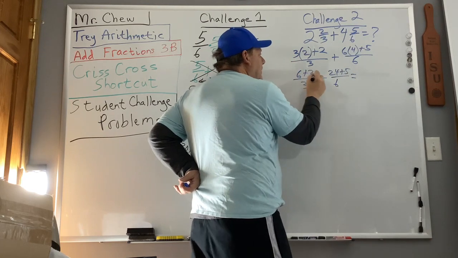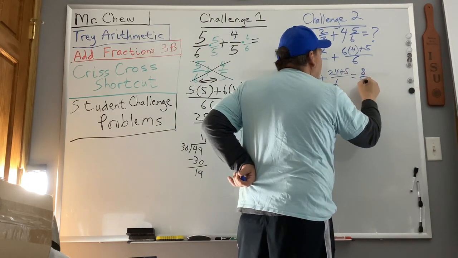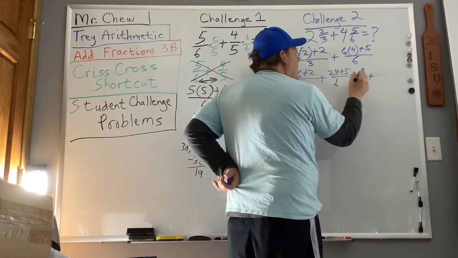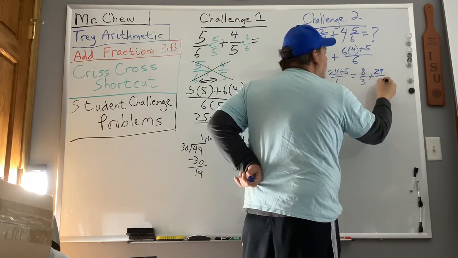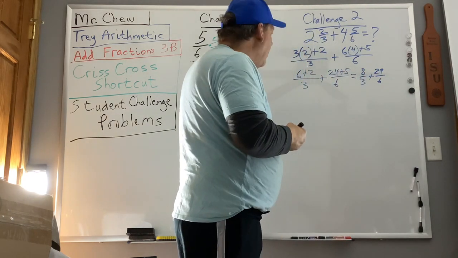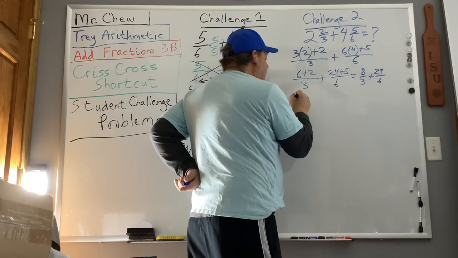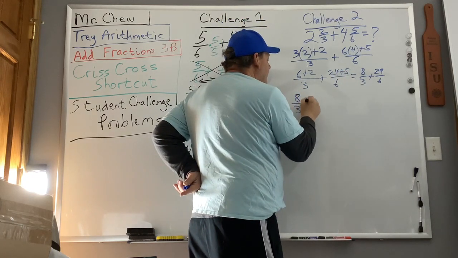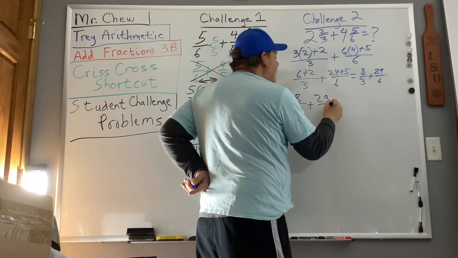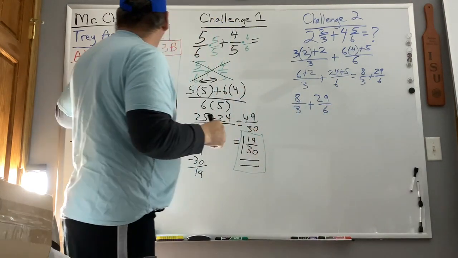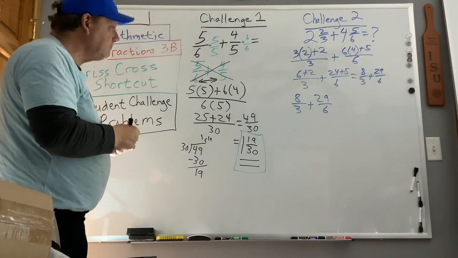So that equals 6 plus 2 is 8/3, plus 24 plus 5 is 29/6. All right, so I'm going to take this, 8/3 plus 29/6, and then I'm going to use my Criss-Cross Shortcut.